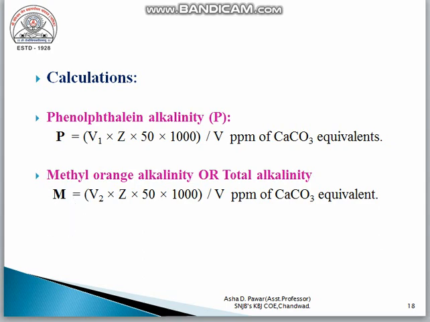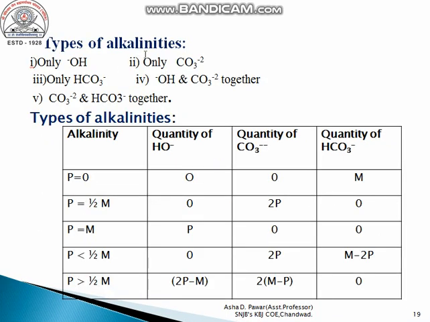Then which ions exactly are present in water, or which ion causes alkalinity, we determine with the help of this chart. This chart is helpful to calculate the quantity of hydroxide, bicarbonate and carbonate alkalinity. Once we calculate the values of P and M, from the relationship between P and M we easily calculate the separate alkalinity caused by hydroxide, carbonate and bicarbonate.